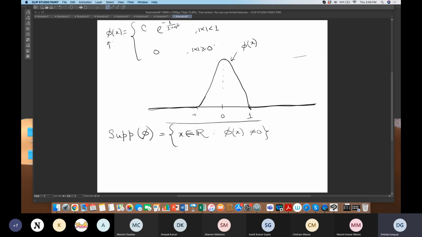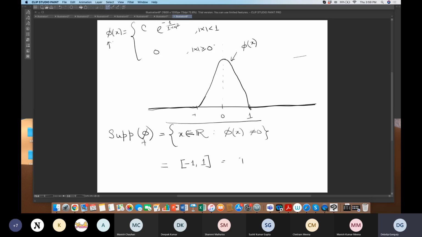The support is always a closed set. So what is the support of this particular phi? The closed interval minus 1 to 1.